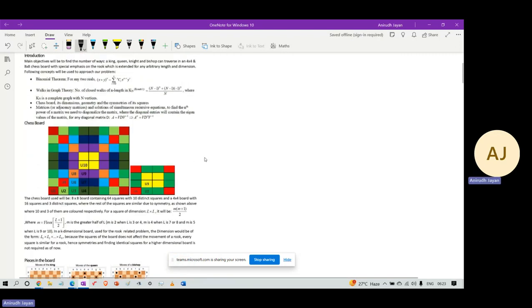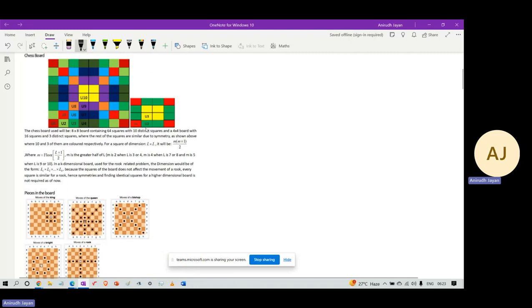Now, let us observe in detail the squares. We find the distinct squares for an L cross L board. Let's say the dimension of the board is 2m cross 2m.